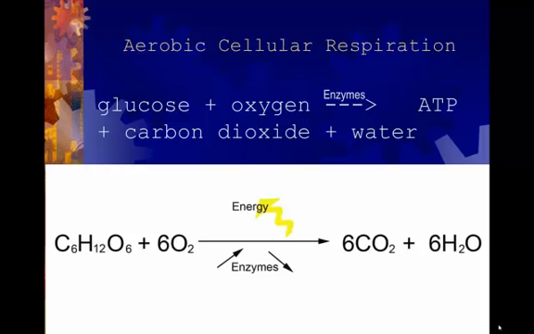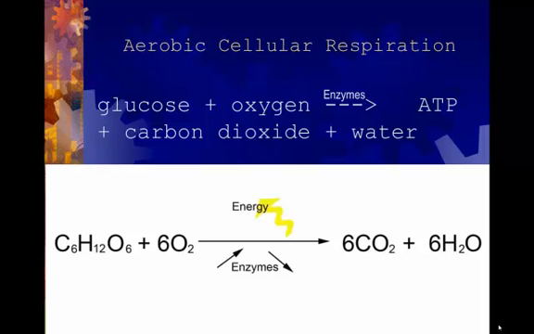On the left side of the arrow in a biological equation, you have what are called the ingredients, what needs to be inputted in order for this reaction to occur. So we have to have 2 ingredients.